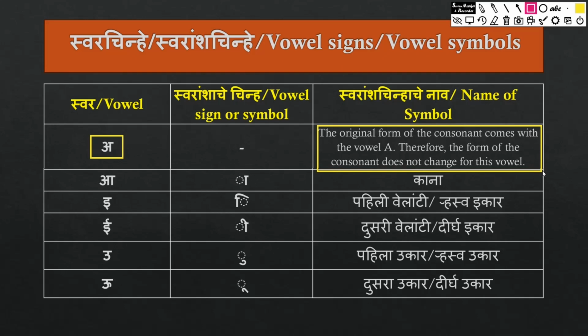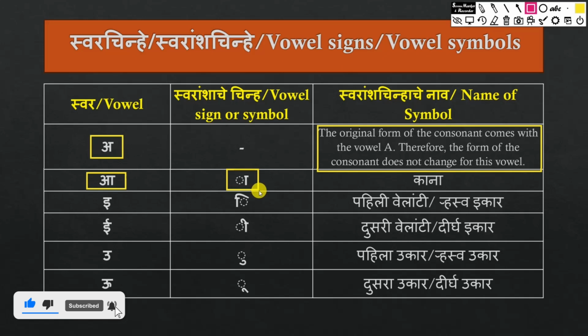The original form of the consonants comes with the vowel A. So A is already in the consonant, so we don't have any different symbol for it. Okay, the next one is aa.